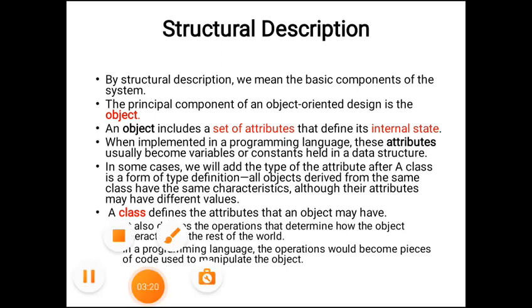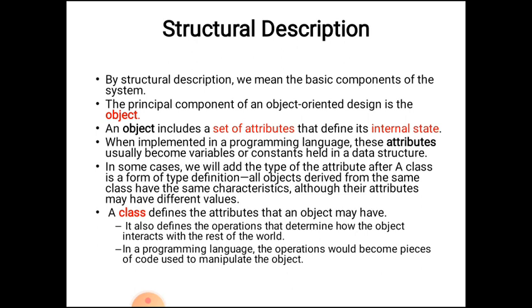So when we implement an object in a programming language, using a constant or a variable corresponding to that data structure will be the attributes of that object. Then we can also specify the type of the attributes, so the type we are using will also be included in the object.